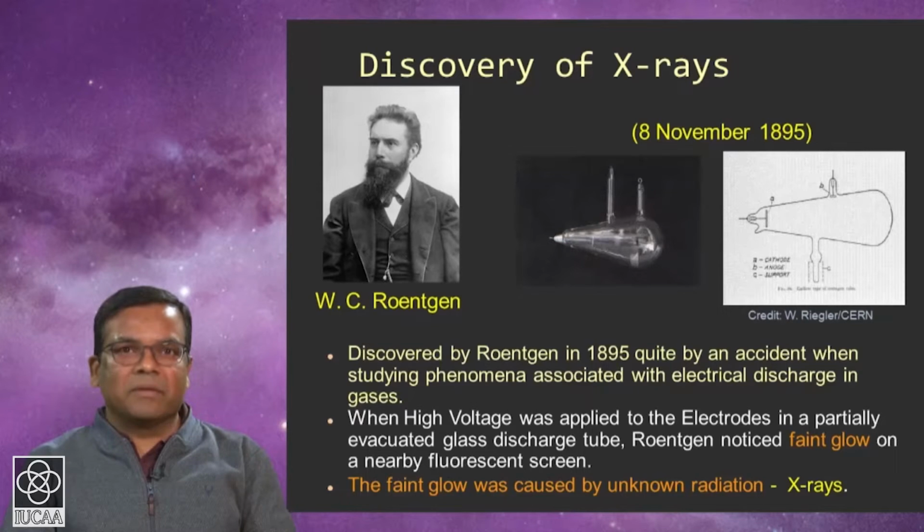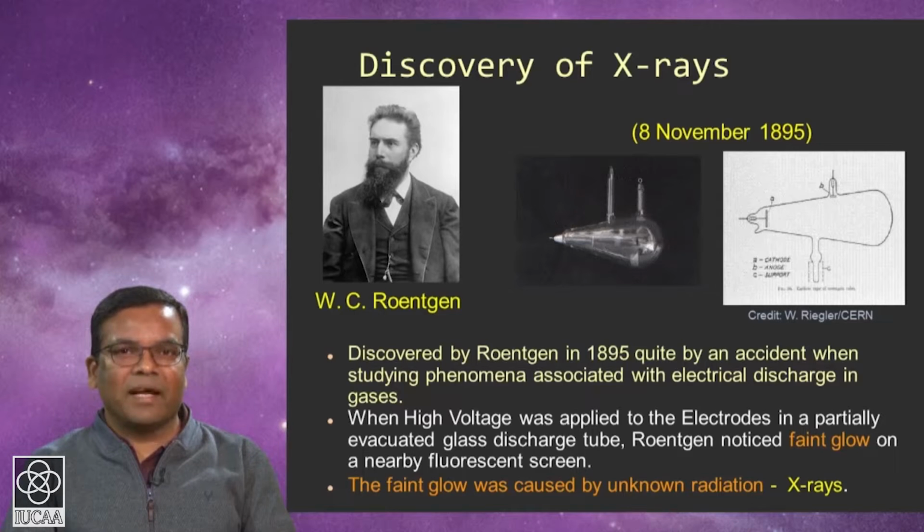X-rays were discovered quite by accident by Rontgen in 1895, when he was studying phenomena associated with electric discharge in gases. Working with cathode ray tubes, Rontgen observed a faint glow in a nearby fluorescent screen. The tube was a glass tube with positive and negative electrodes encapsulated in it.